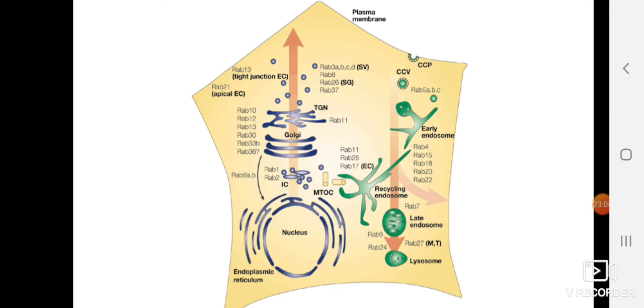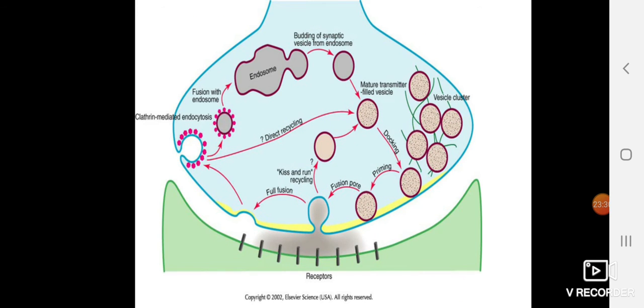You can see RAB11 at the trans-Golgi network. There are plenty of other kinds of RABs at the Golgi complex also, between the cisternae of Golgi and the endoplasmic reticulum, between early endosome and late endosome, and from late endosome to lysosome, another different RAB. So RABs are pretty important proteins.